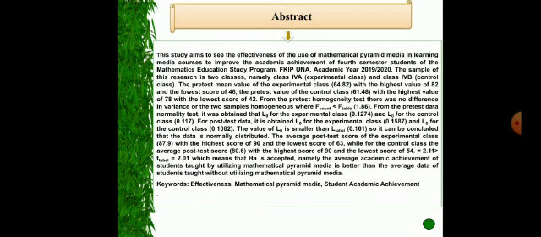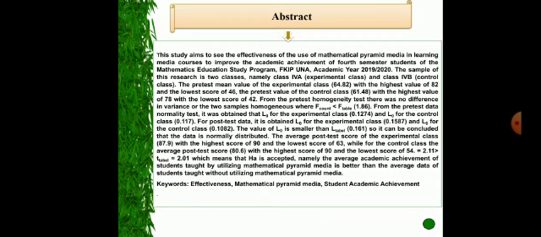From the pretest homogeneity test, there was no difference in variance, or the two samples are homogeneous, where F count is less than F table 1.86. From the pretest data normality test, it was obtained that LO for the experimental class is 0.1274 and LO for the control class is 0.117.